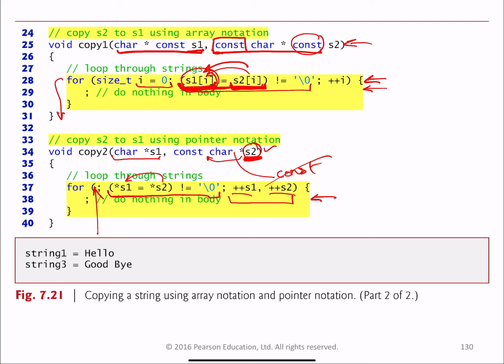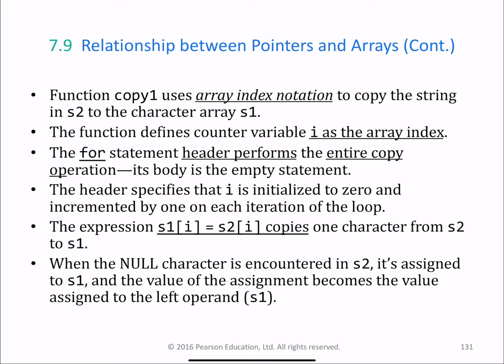We copy one character pointed at by pointer S2 into the location pointed at by S1 for as long as that character is not the null character. When it is the null character, that is our condition to exit the for loop. Now the following slides explain all of this in great detail in text form. I thought it would be more appropriate to explain the things that are happening here directly in the code while you have the code in front of you.